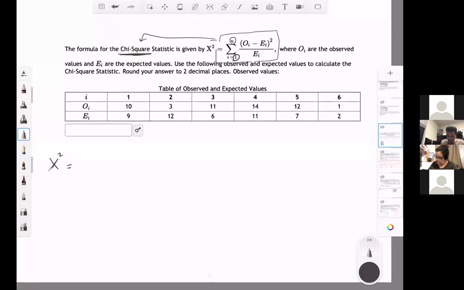What is our n here? 6, correct? So we're going to start from 1, 2, 3, 4, 5, 6. So I'm going to put O of 1 minus E of 1 squared divided by E of 1. I don't like my handwriting.